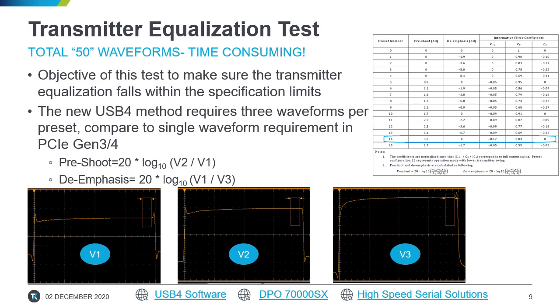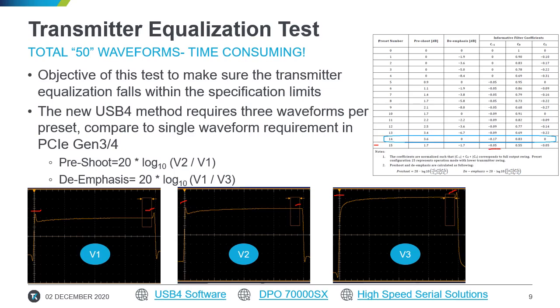Waveform 1 with de-emphasis and pre-shoot on, waveform 2 with de-emphasis on and pre-shoot off, waveform 3 with de-emphasis off and pre-shoot on. And given the formula, we measure the pre-shoot and de-emphasis. So that's a total of 48 waveforms. For another 2 waveforms, we need to measure the swing for preset 15.